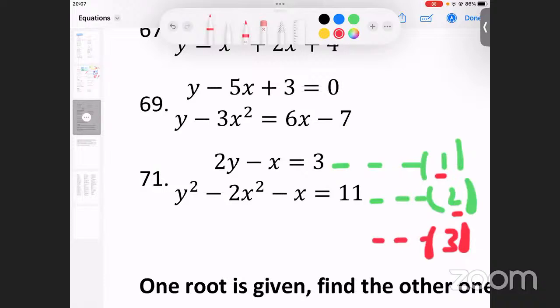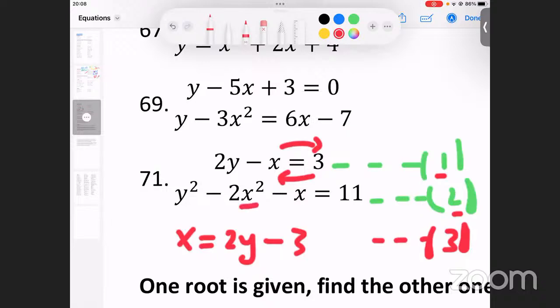To me, it looks like equation 1 is less complicated, because if you take this x to the other side, it changes the sign, it becomes positive x. And then if you take this to the other side, it changes the sign, it will find 2y there, and then it changes the sign, it becomes -3. Then everywhere you see x, you just put that 2y minus 3.